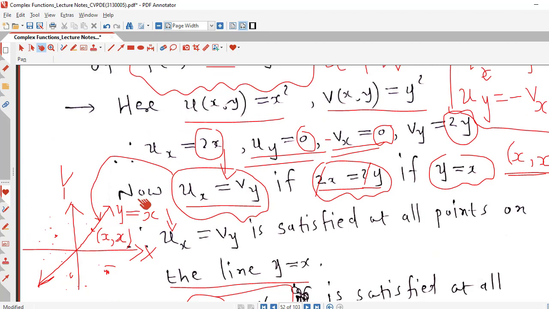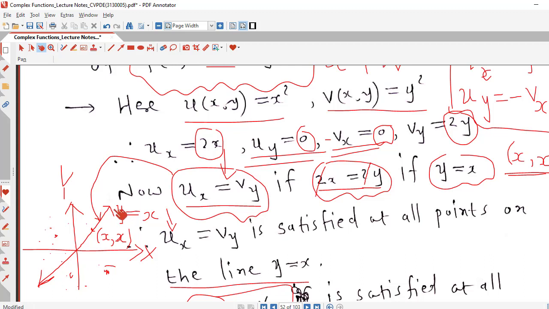The second condition is that all these derivatives u_x, u_y, v_x, v_y must be continuous at all the points on the line y equal to x. But we can see all these functions are polynomial functions and they are continuous at every point in the plane. That means they are continuous at every point on the line y equal to x.